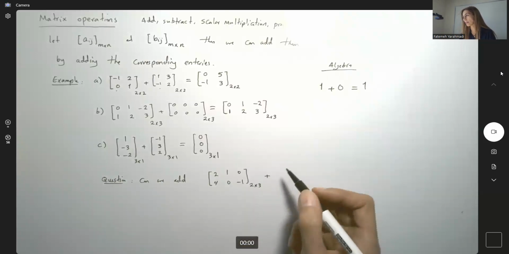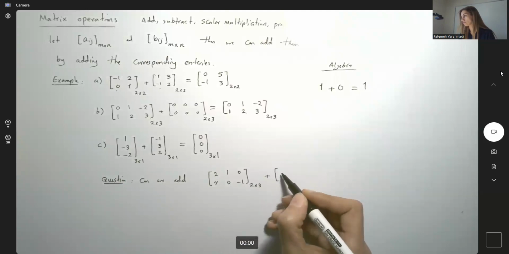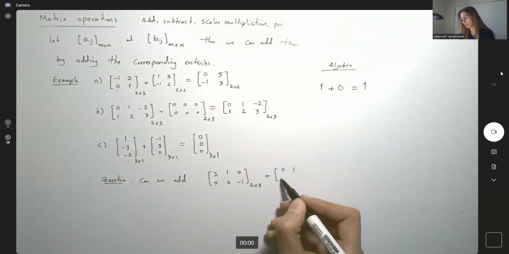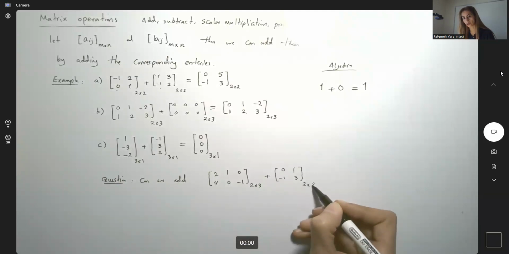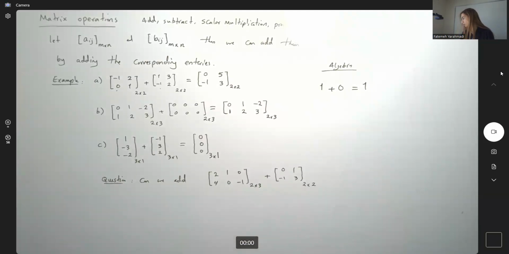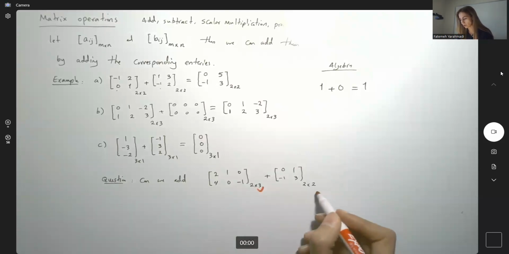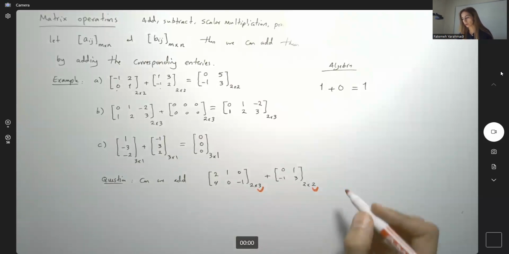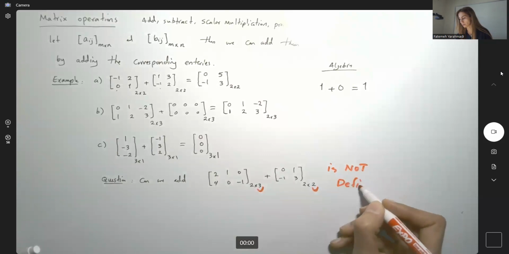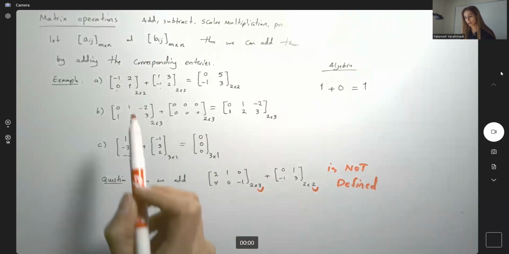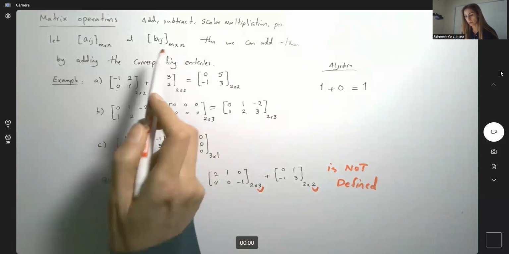I try to add this to a square matrix, 0, 1, negative 1, and 3. So this is a 2 by 2 matrix. Note that since they are not of the same size, 2 and 3 are not equal to each other, you are not allowed to add these together. It is not defined. Make sure that they have the exact same size.